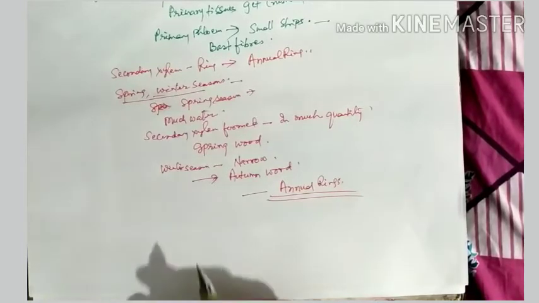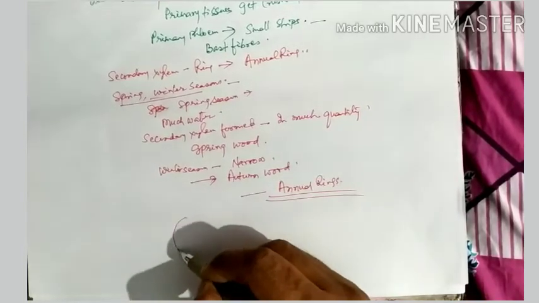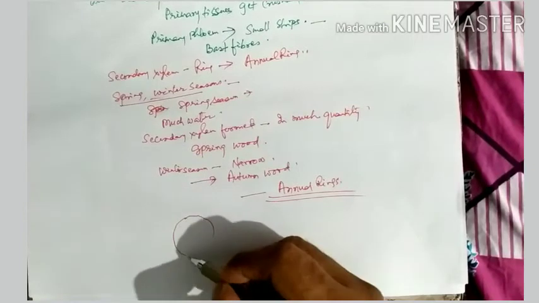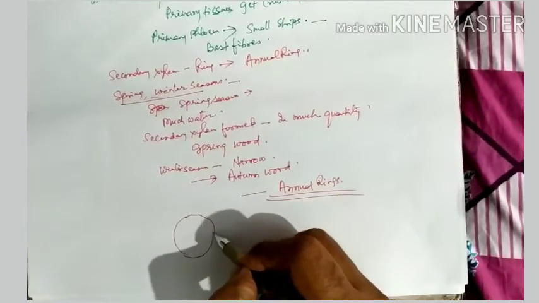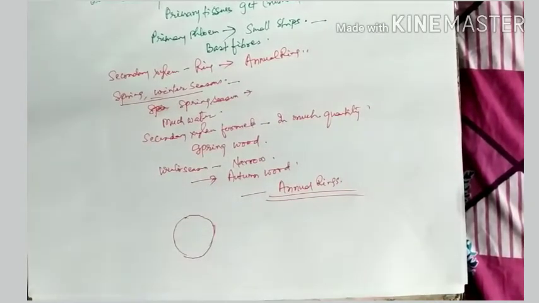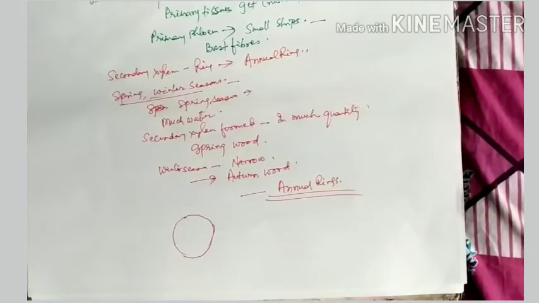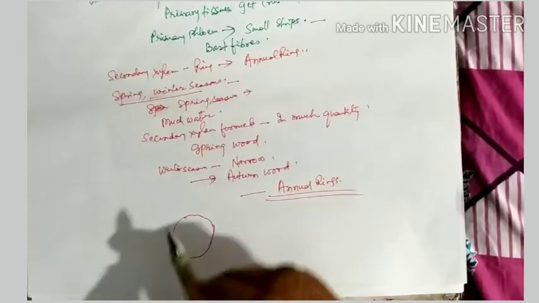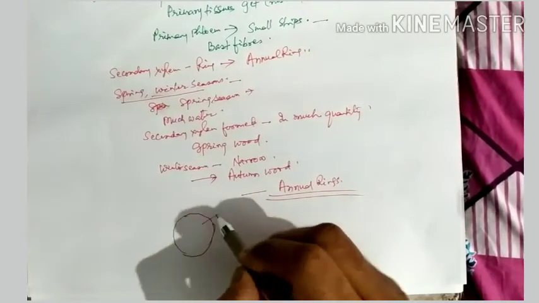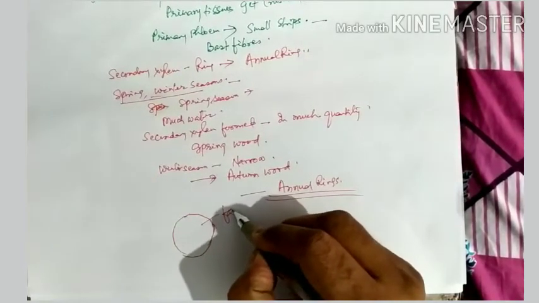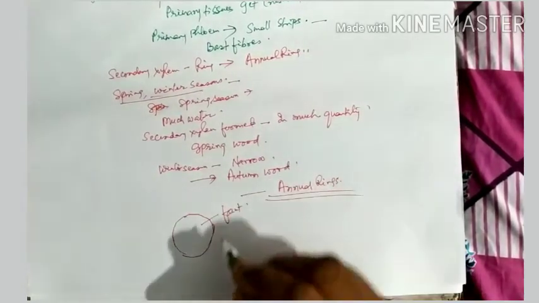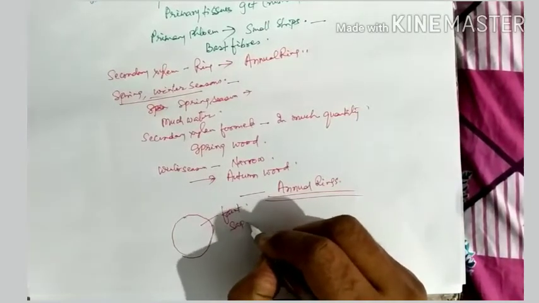One is the outer region, which is generally faint, and this is known as the sapwood.